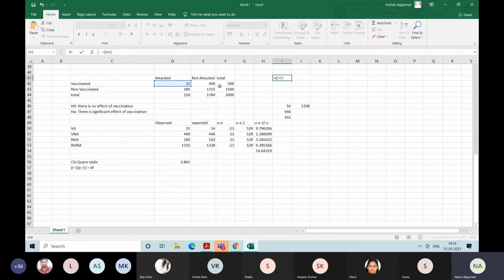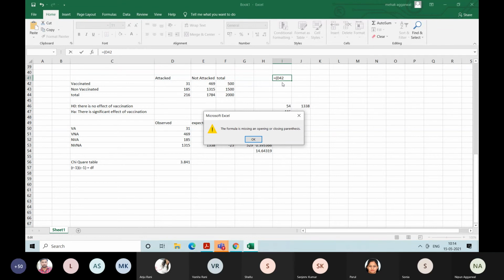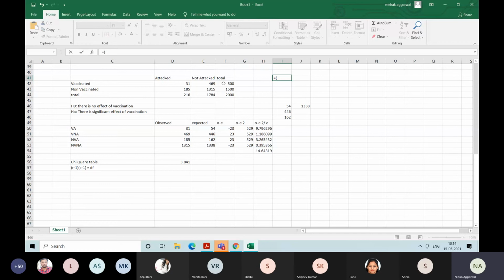The total of this row, that is 500, multiplied by the total of the respective column, the multiplication of the total of the same row and the same column. So that is 216, whole divided by the grand total. So 54.